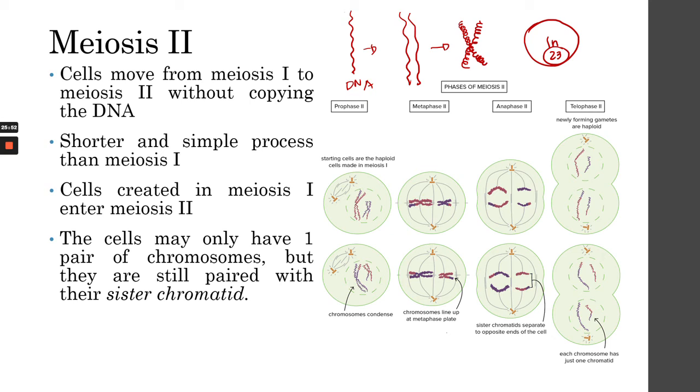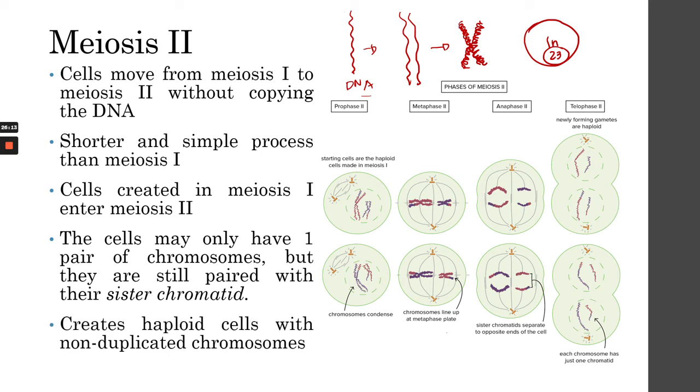It means the separated homolog has a sister chromatid that we have to separate to go back to being a single DNA, like this one right here. So it creates haploid cells. At the end of meiosis 2, we are creating 1n, but this time the DNA inside does not have a sister chromatid. So it's a singular, non-duplicated chromosome.